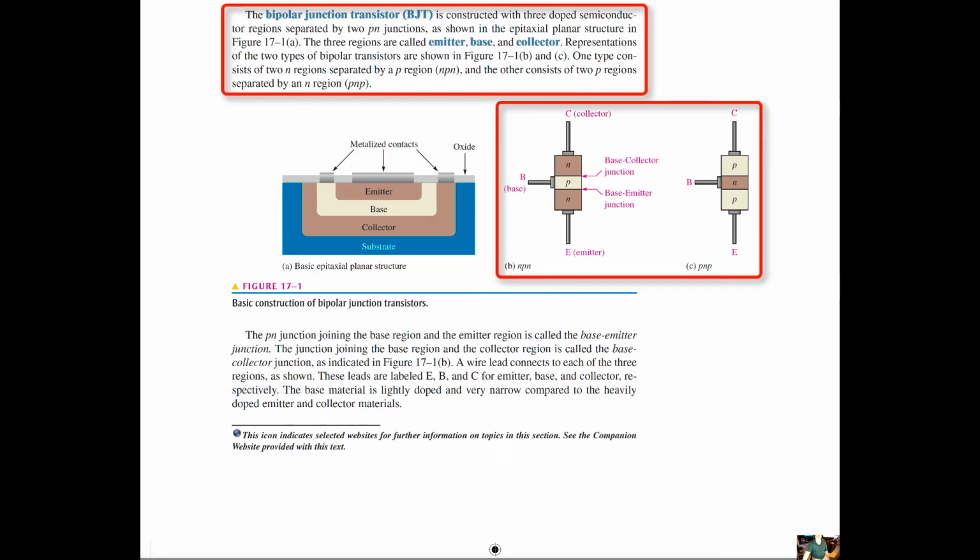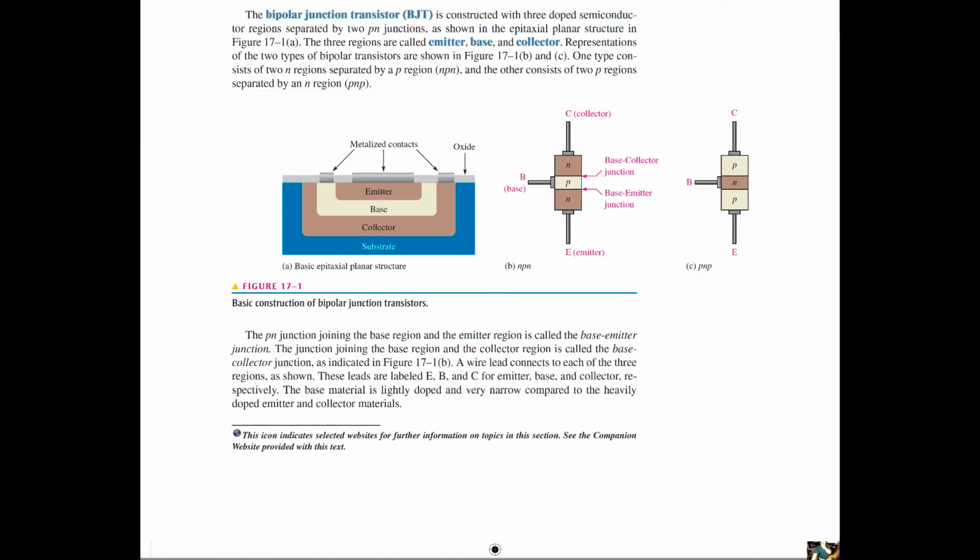Representations of the two types of bipolar transistors are shown in B and C. So in B we have the NPN transistor. In C we have the PNP transistor. One type consists of two N regions separated by a P, and the other consists of two P regions separated by an N region.